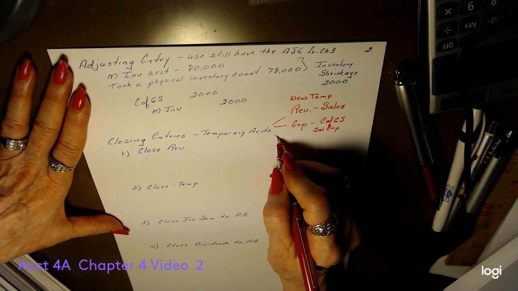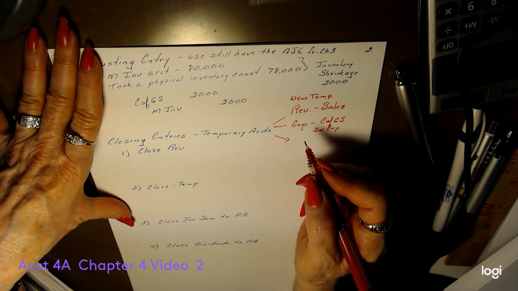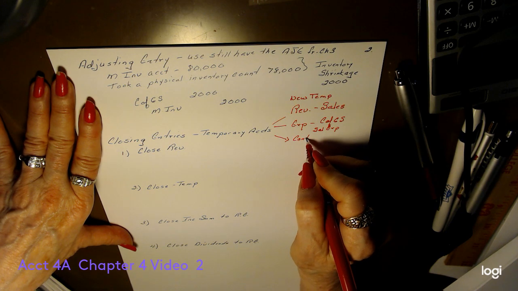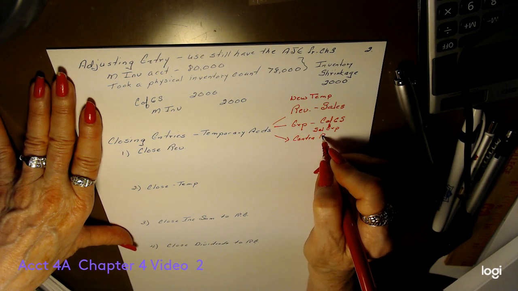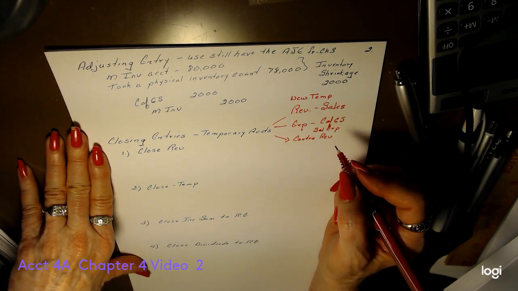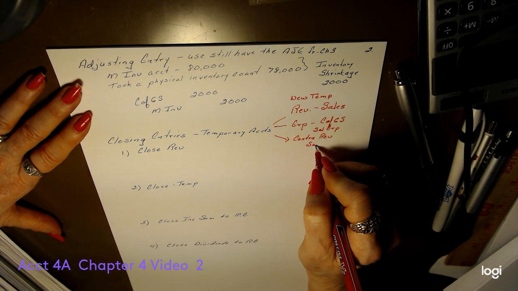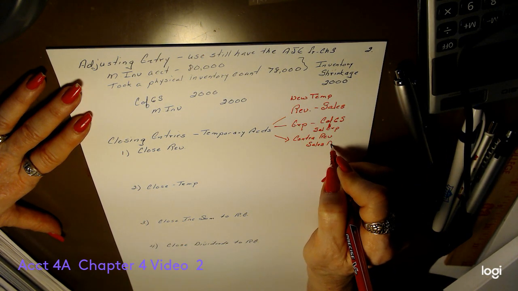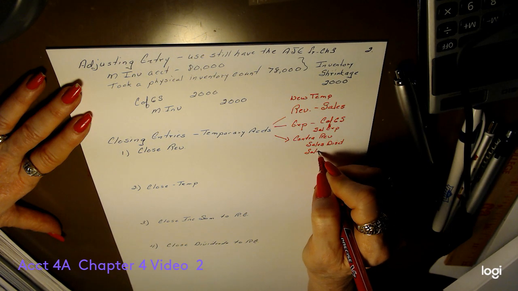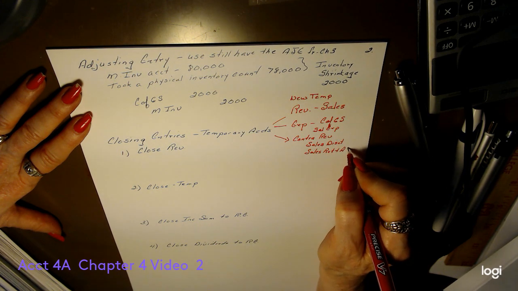But now we have some new accounts that we have to look at as well. And those are those contra revenue accounts. They also have to be closed. And our contra revenue accounts were sales discounts and sales returns and allowances.